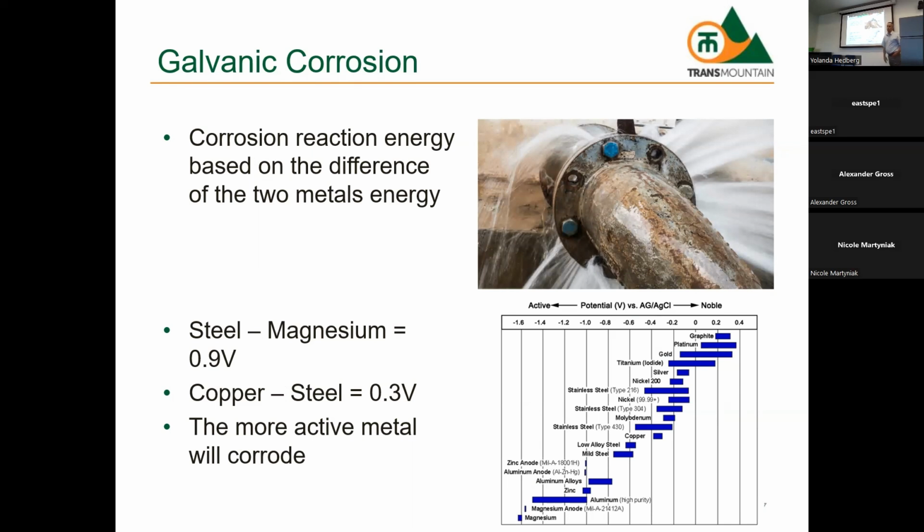The difference is about 0.3 volts or 300 millivolts, which is not a lot of driving voltage. So the corrosion between those two galvanically coupled metals is going to be slow. However, if you leave it over time, it will eventually fail. It has enough corrosion there.